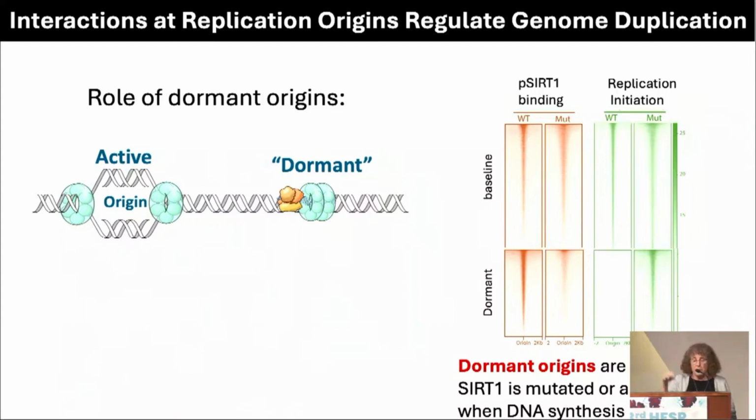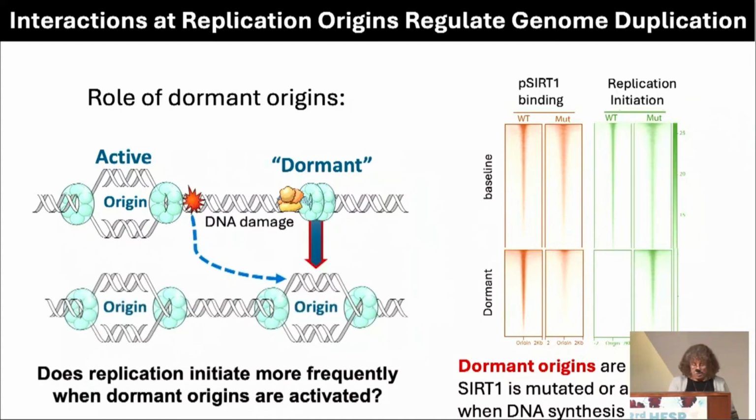They are replicated passively from replication forks that start from their neighbor, the active baseline origins. However, when DNA damage occurs, oftentimes replication forks are stalled, and then the dormant origins can act as reservoirs, and they would initiate DNA replication to complete replication of the entire genome.